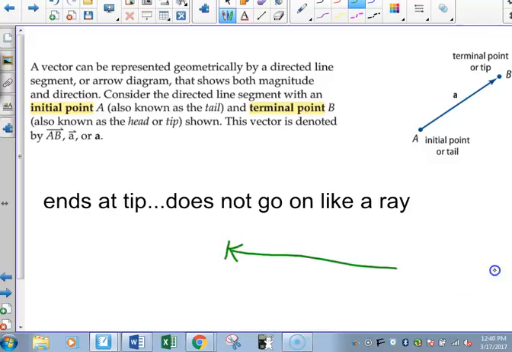The vector, if this had been this example over here where it has initial point A, terminal point B, the arrow is where it ends, then they will write it like this. I don't know if you can see that, but a lot of times they use a single arrow, like a half arrow on here to denote it's a vector. If they put the full arrow, then we might think ray, right?